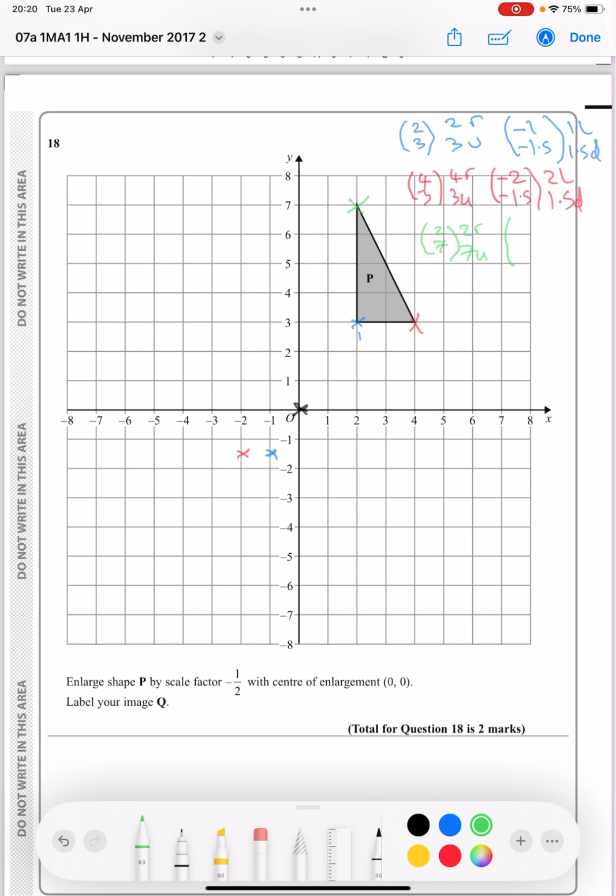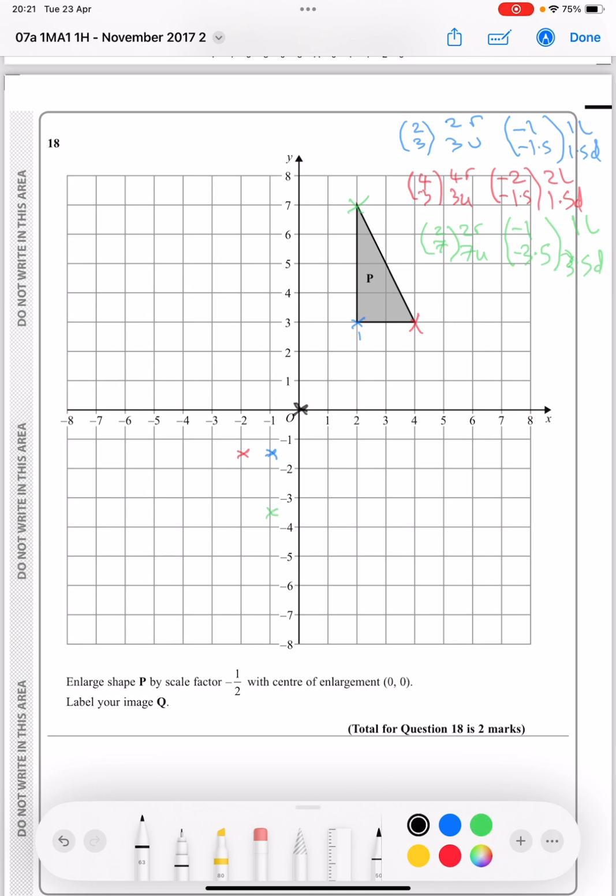That is half of 2 is 1, so it's minus 1. And half of 7 is 3.5, so it's minus 3.5. So what I've got is 1 left, if you prefer that way, and 3.5 down. So I'm going 1 left, 3.5 down, takes me to there.